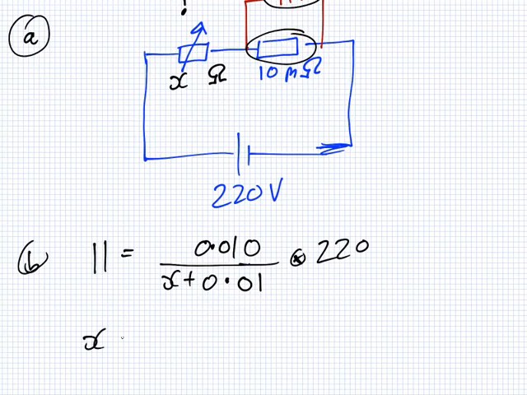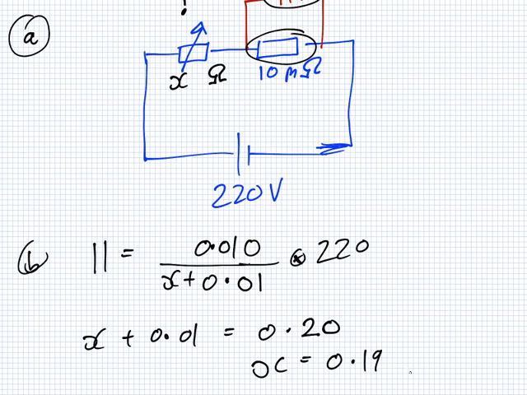That would be X plus 0.01. 220 divided by 11 is 20, so that'd be 0.2. I think. Am I doing this right? X is 0.1. No, 0.19. So that's 190 milliohms. That's the X. So that's how much we should make the X.